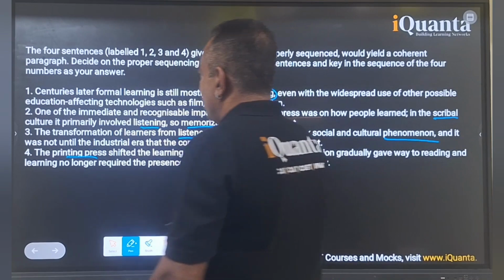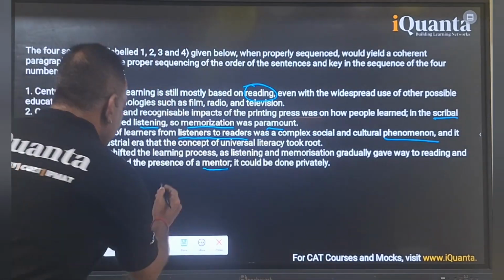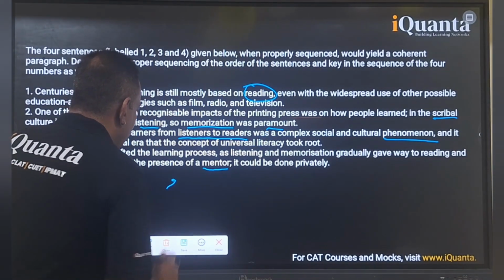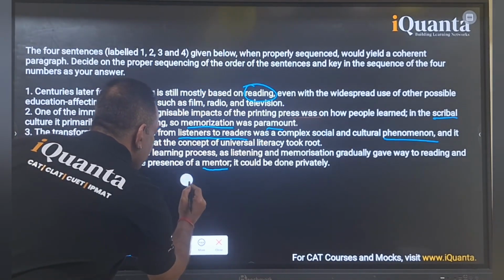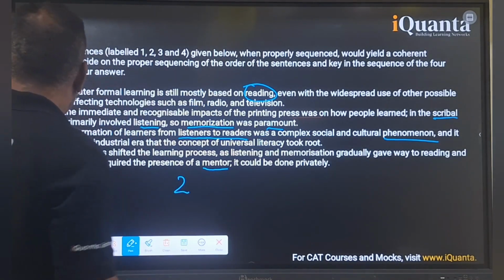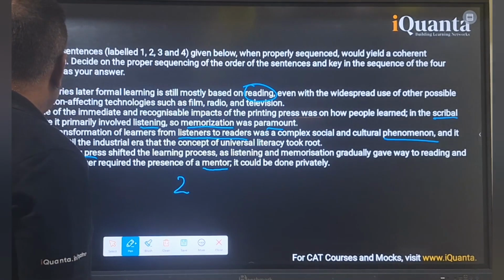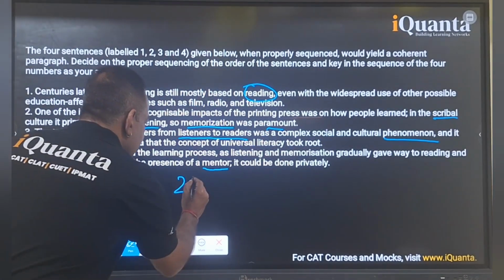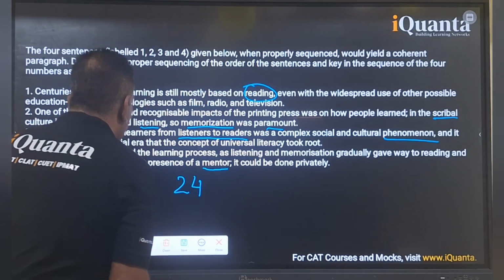So here we have number 2 as your first one. Number 2 will be the first sentence. Number 4, a continuation of the second, is 4.